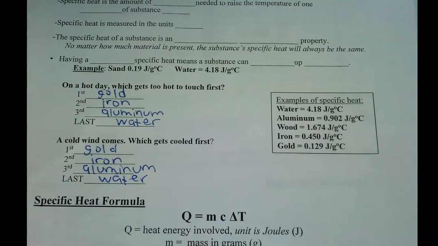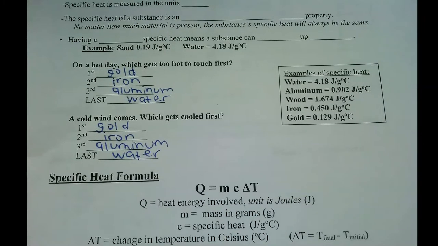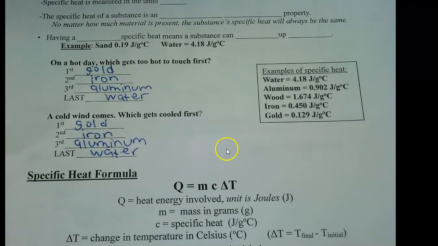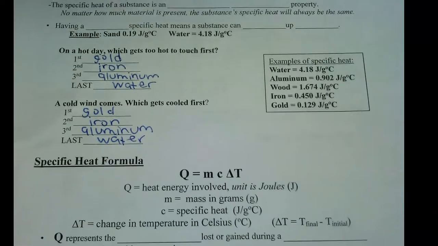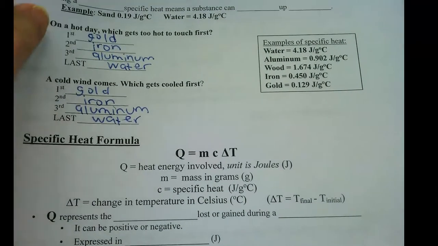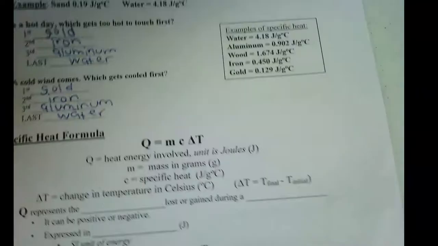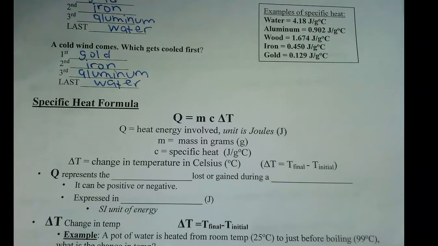So now we're going to talk a little bit about our specific heat formula. This is a math equation, so if you need to take a moment and get a calculator, go ahead. We're going to use this formula: Q equals mc delta T. And these are what our variables mean.